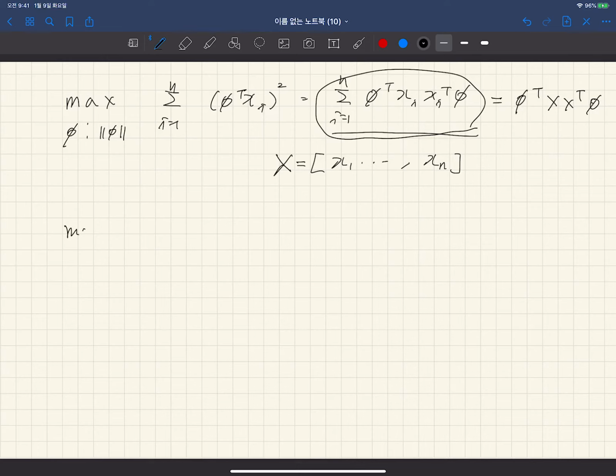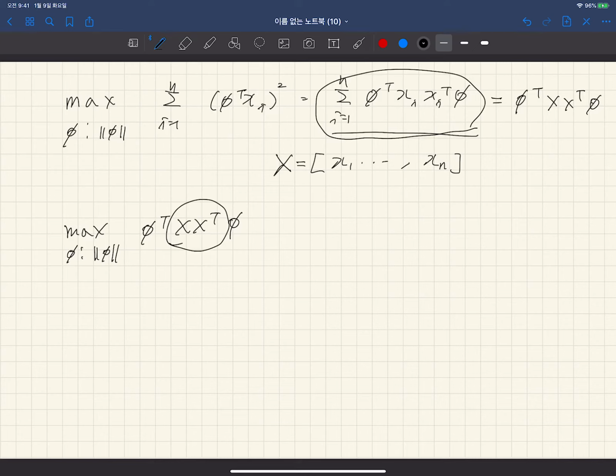So how can we maximize this? Well, the solution is the eigenvector corresponding to the largest eigenvalue of X X transpose.